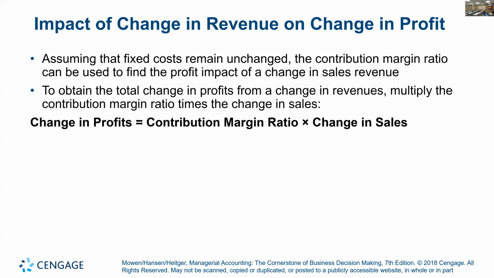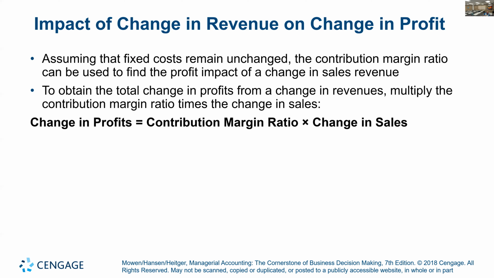So why is this information important? So assuming that our fixed costs don't change, and we are making a $10,000 profit, well, if we expect sales to increase by $200,000, what is that going to do to our net income?